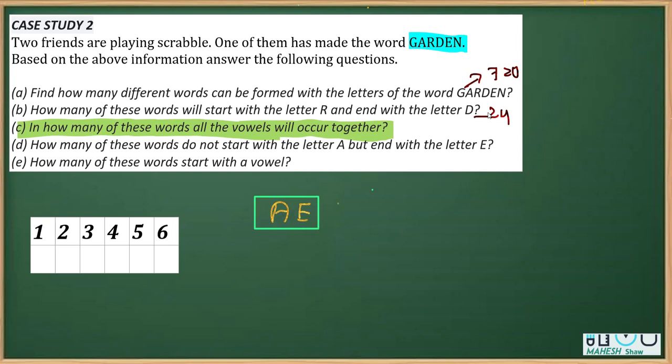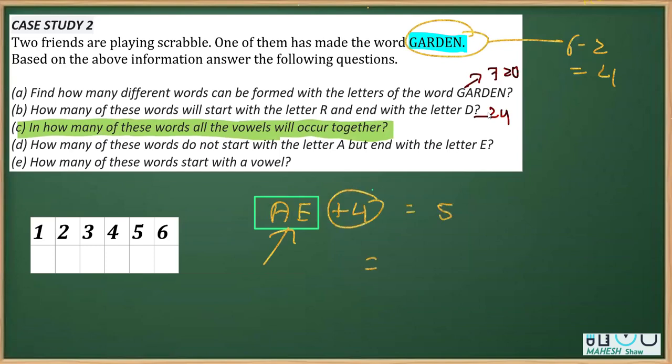Out of these 6, that is 6 minus 2, removing A and E and joining them together as a single object, we are left with 4 more objects. So together we have 5 objects that can be arranged in 5 factorial ways.